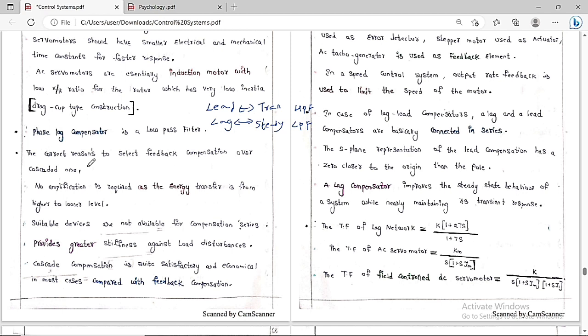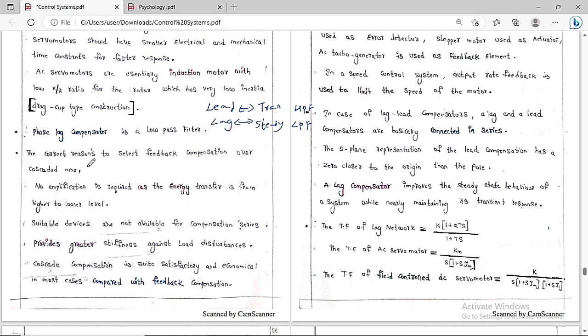And the suitable devices are not available for compensation series. So basically the suitable devices are not available for the cascade compensation, or we can say series compensation. So it is going to provide the greater stiffness against the load disturbances.